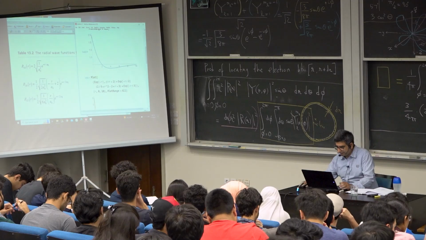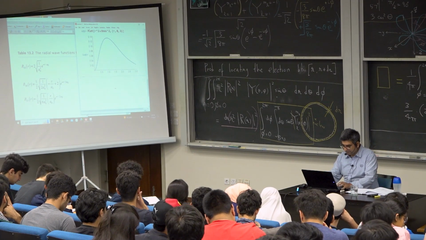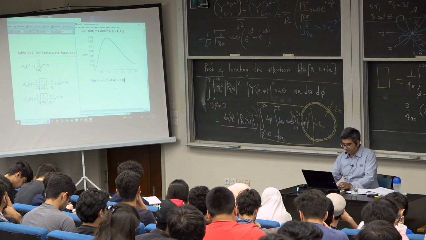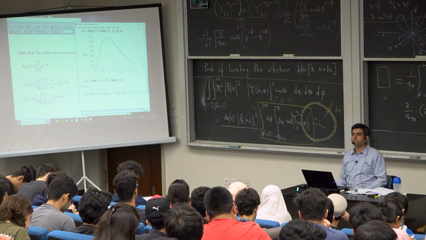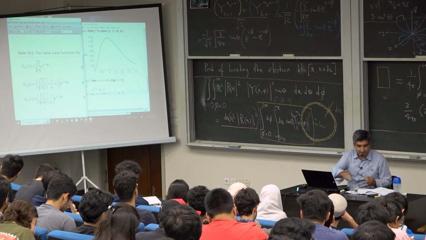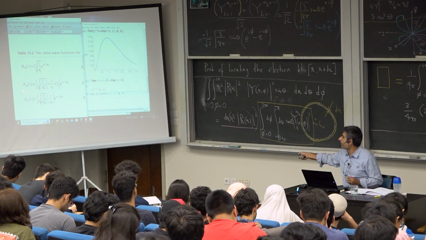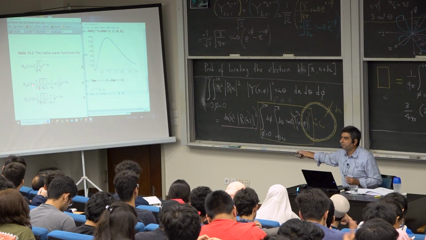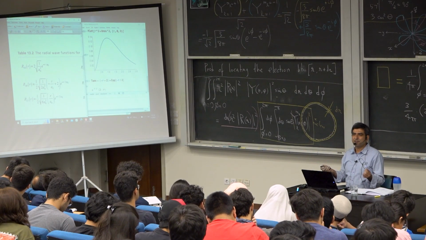I think this is my 2s orbital. Let's call this 2s. This is my 2s orbital, which is simply this term over here, r20. I forget about the big constants. I'm not concerned about them.